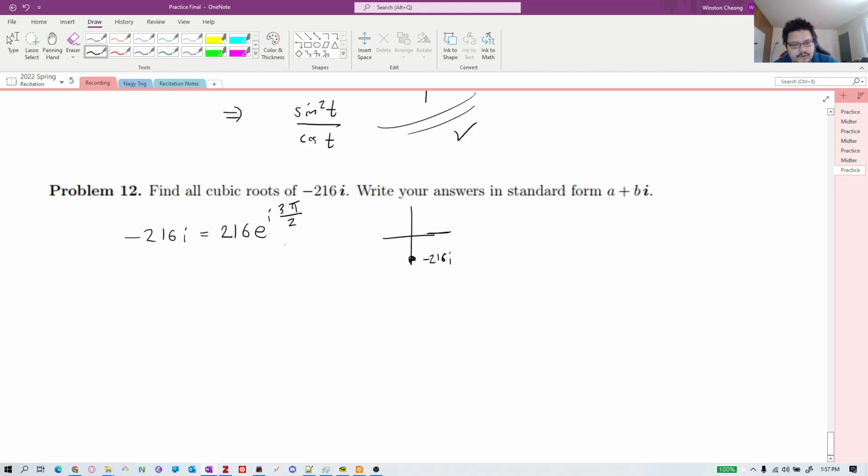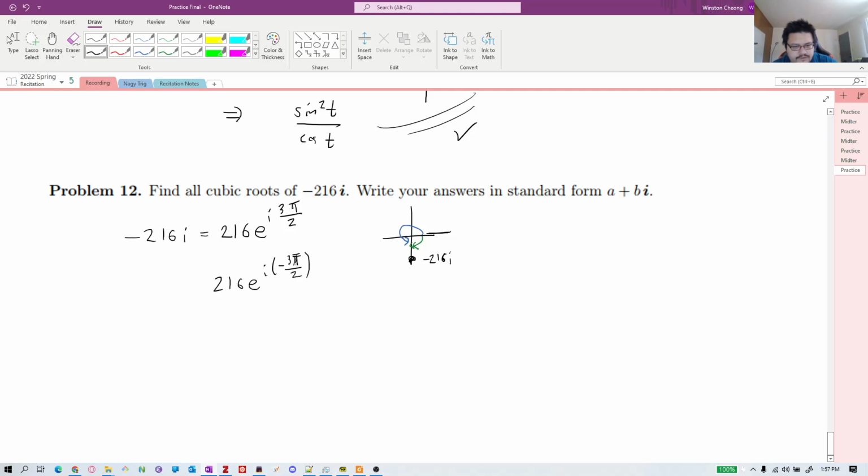Or you could say negative pi over 2, because those are just different ways of writing this angle. It's just the perspective of which one you want to take. I think I remember he said something about principal value. So the principal value would actually use negative pi over 2.